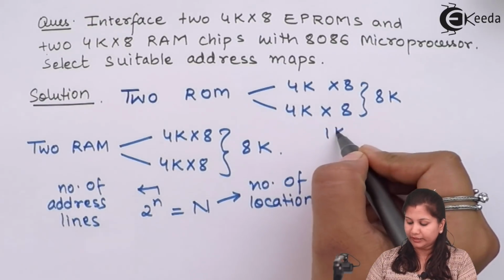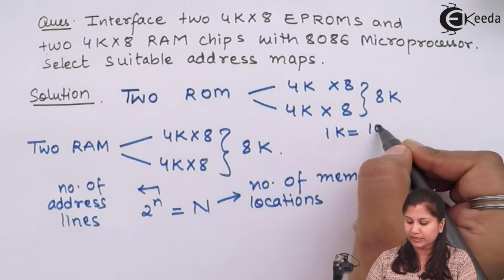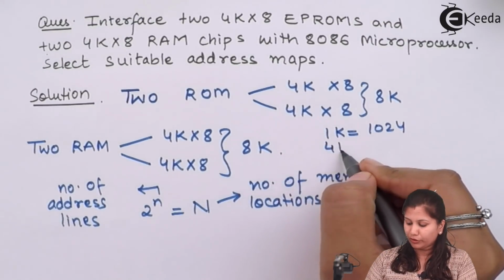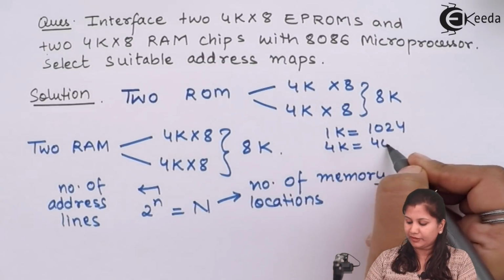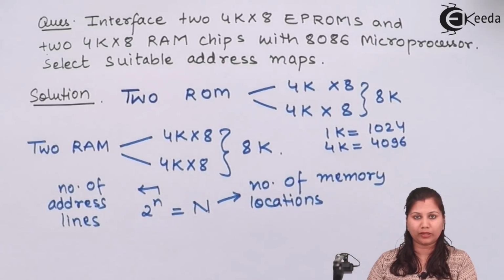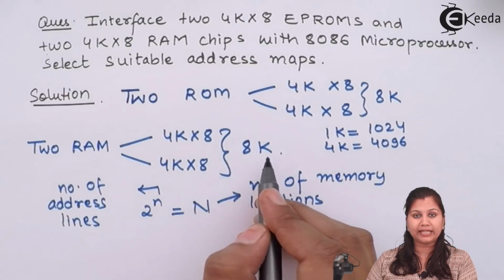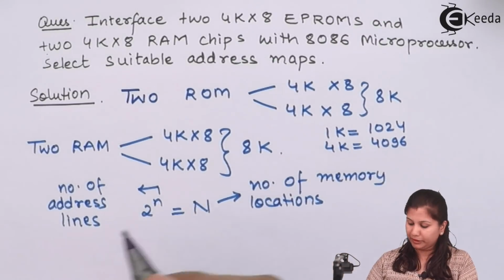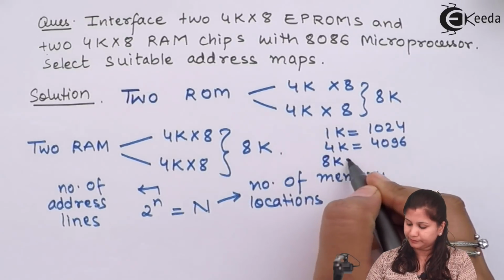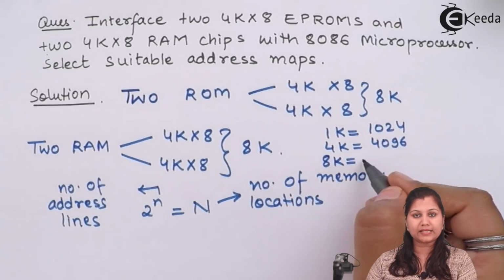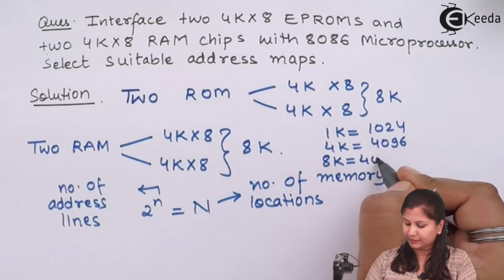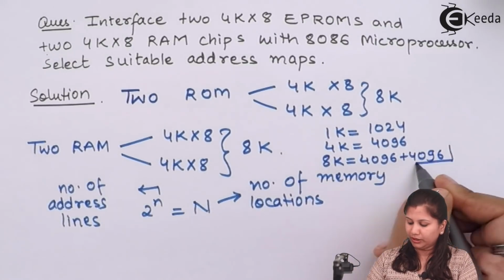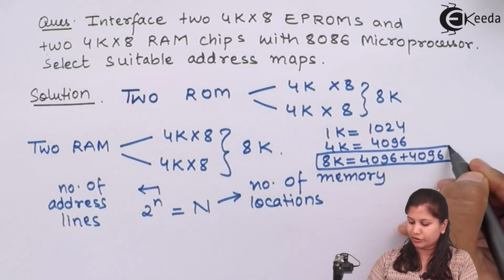We know that 1 kilobyte of memory has 1024 memory locations. If we are having 4 kilobyte of memory, we are having 4096 memory locations. So if we are having 8K memory, then we can calculate the number of memory locations: 4096 plus 4096. So that will be the total number of memory locations.